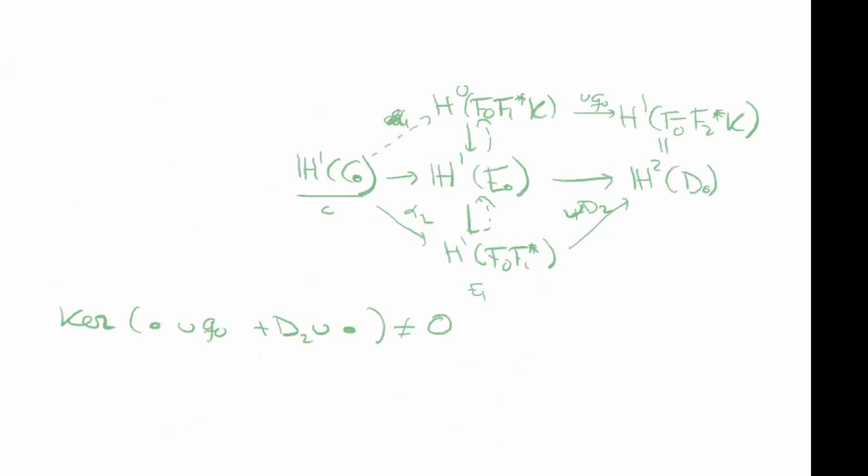And precisely the kernel of this map will give the admissible E1 and D1s for the extension to come from a type 111 bundle.